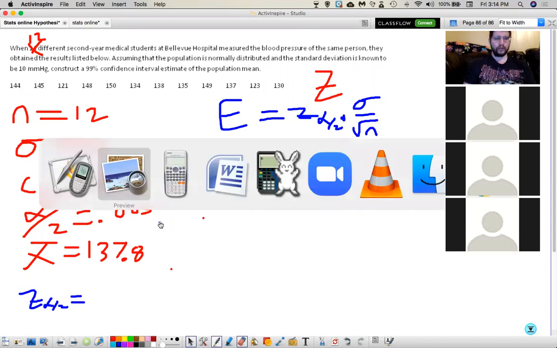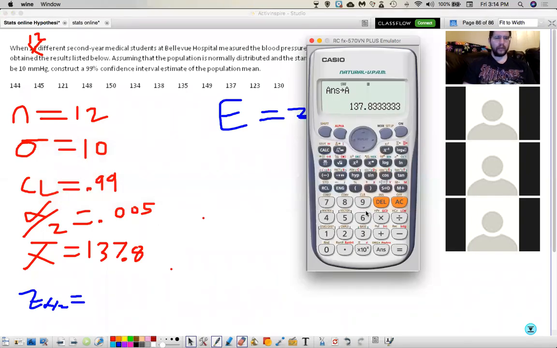Your choice of inverse norm or the chart. I'll start with inverse norm and see how different it might be. 0.005, and I get 2.575, well, 2.576.